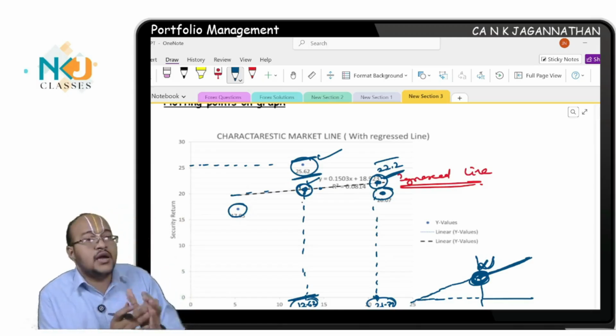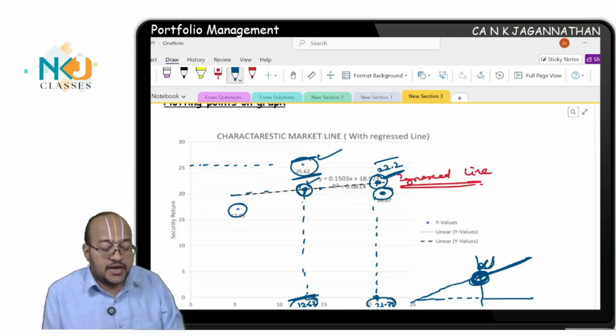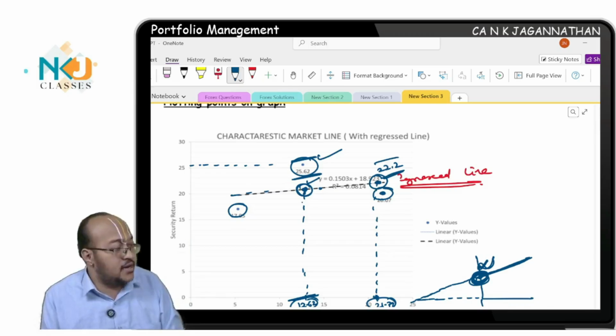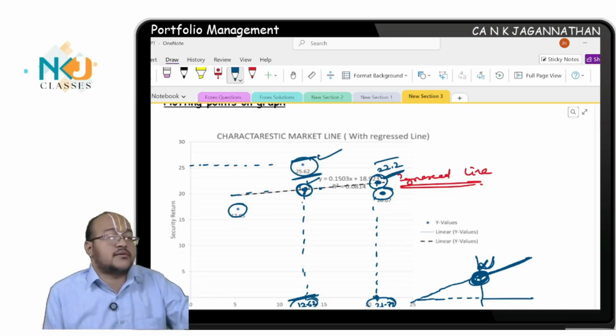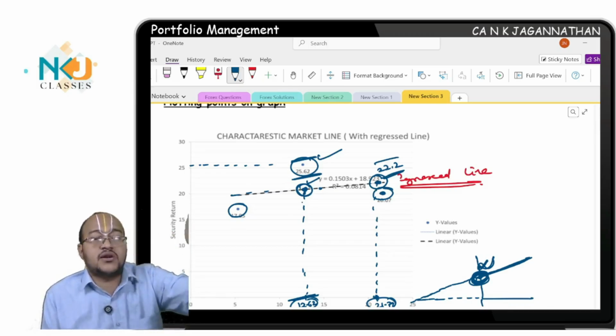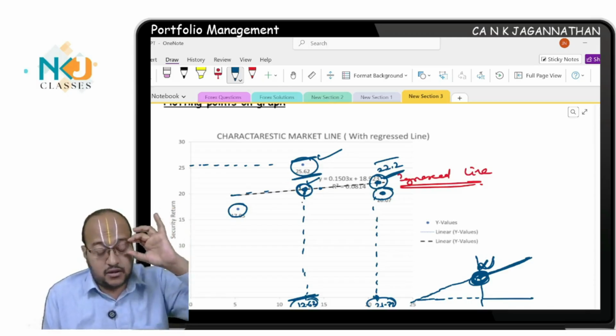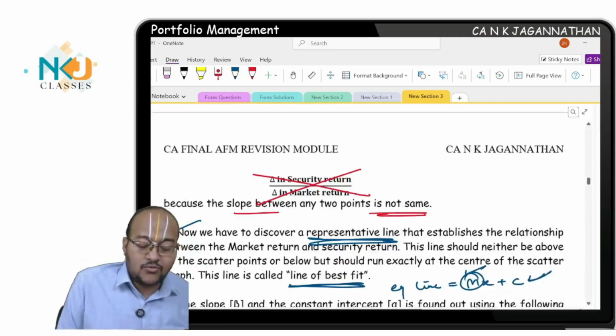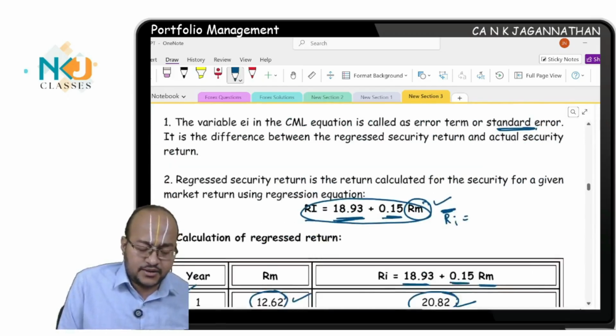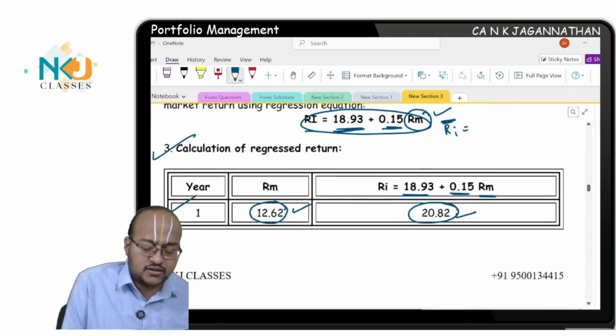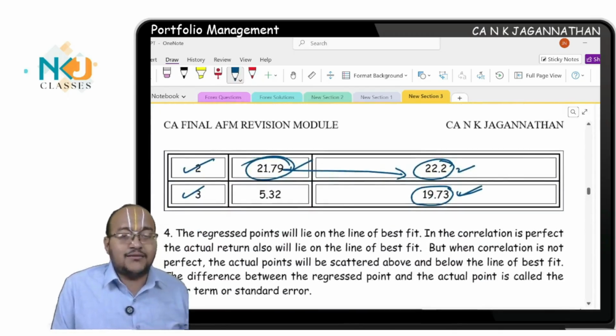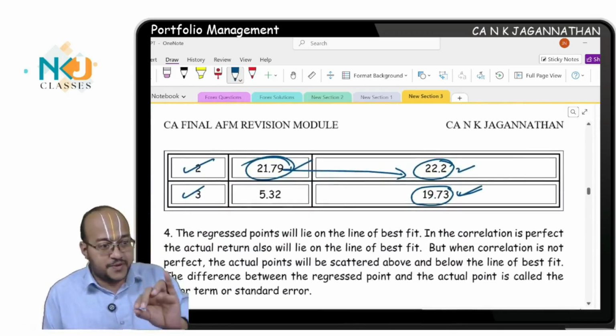Are you all understanding? If you plot the actual return, it will not be on the line, but the corresponding return which falls on the line is called the regressed return. Are you listening? Now, what is the use of this regressed return? Very simple. I am using this regressed return to explain the standard error.